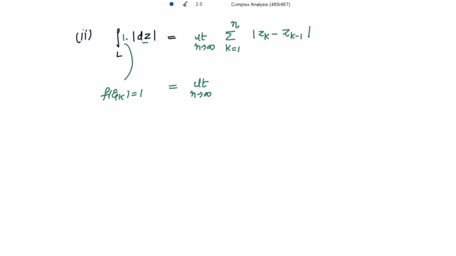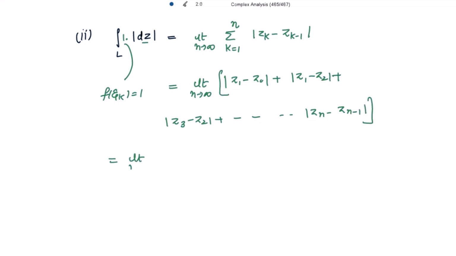When opening this summation, we get the mod of z1 minus z0, plus the mod of z2 minus z1, plus the mod of z3 minus z2, and so on, up to the mod of zn minus zn minus 1.